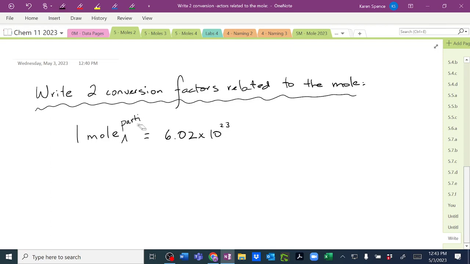I don't know why I didn't leave enough room for that. And that is equal to 6.02 times 10 to the 23 particles. And if you have trouble remembering whether the 6.02 times 10 to the 23 goes with the particles or whether it goes with the moles, remember you have 1 little mole at the front.